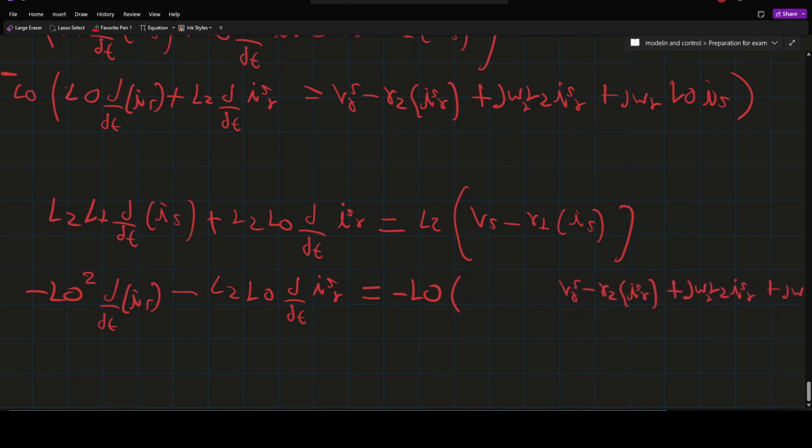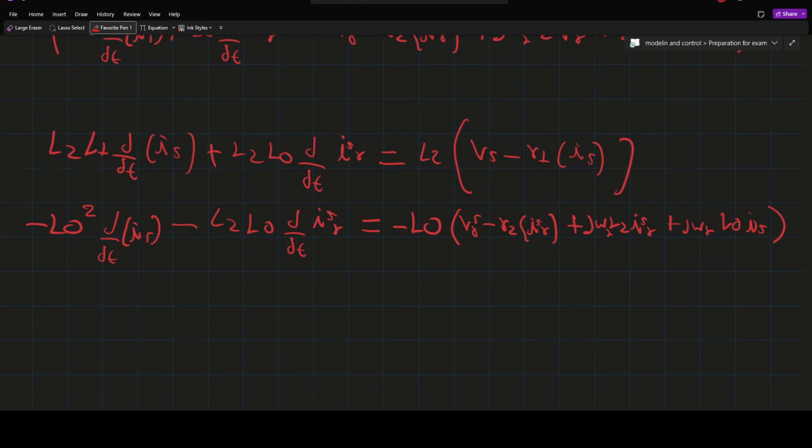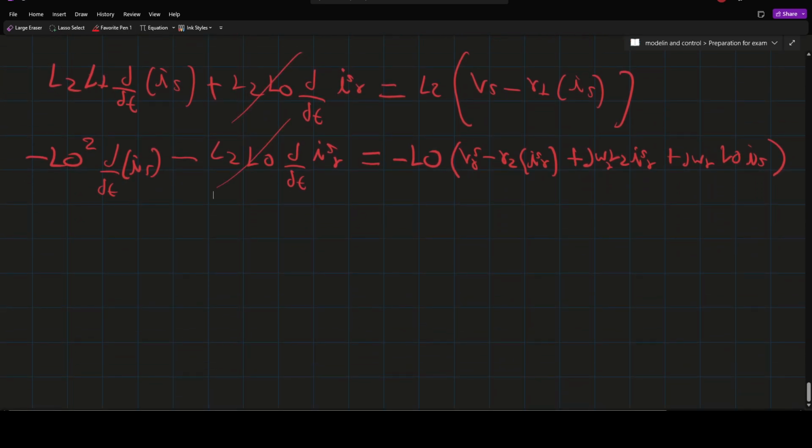Okay, so now we can get rid of this term, and we subtract these two and factor out the di/dt, so we are gonna get L2 times L1 minus L0 square times di/dt of IS equals all of this.